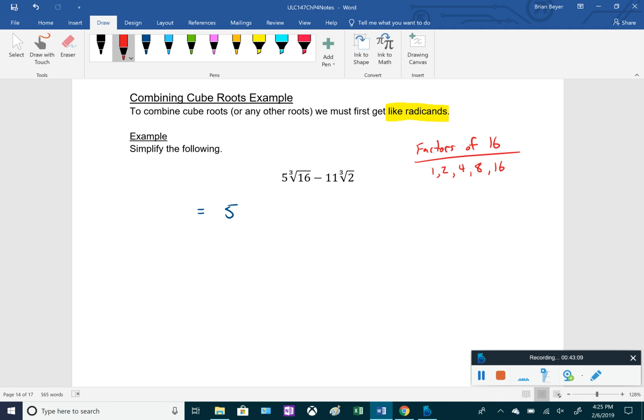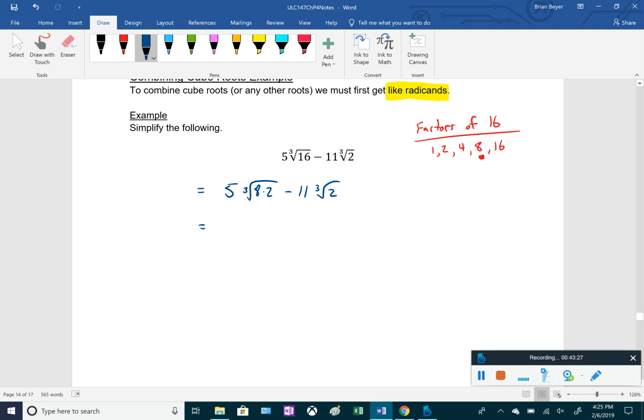The one that is a perfect cube is 8 because 2 times 2 times 2 equals 8. So we can rewrite the cube root of 16 as the cube root of 8 times 2 because 8 times 2 is 16. The cube root of 8 is 2, so I'll split this one up. I won't go too fast for it. 5 times the cube root of 8 times the cube root of 2 minus 11 cube root 2.